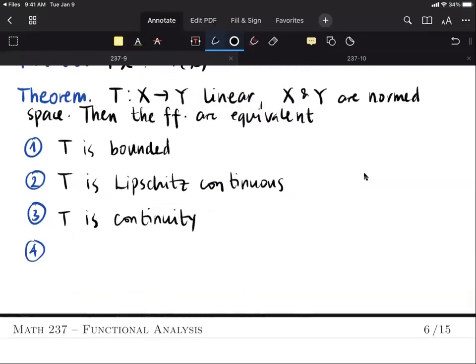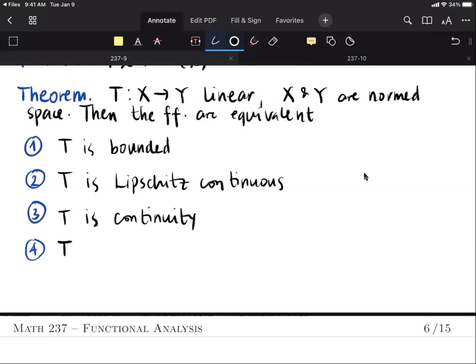And finally, these three are equivalent to the continuity of your operator at the origin. So again, for linear operators between normed spaces, boundedness, Lipschitz continuity, continuity, and continuity at 0 are all equivalent.